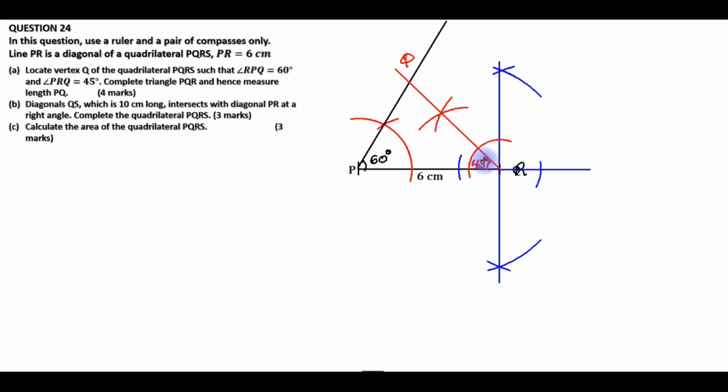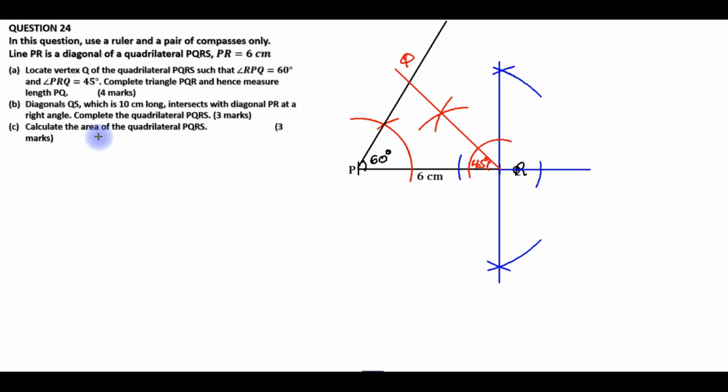Then from there, we have located the vertex Q such that this angle is 60 degrees and this one is 45 degrees. So the other thing is, we have been told diagonal QS, which is 10 centimeter long, intersects diagonal PR at right angle.